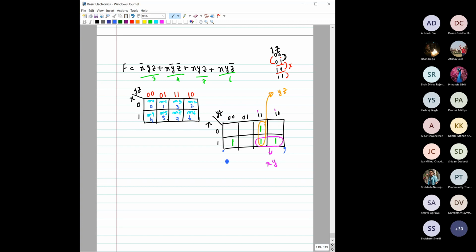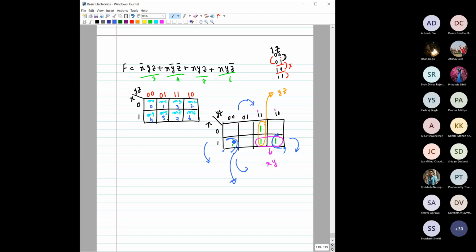So you can fold this sheet to this, and that way you can make a group of this. So the Karnaugh map is foldable, meaning you can fold it in this fashion, or if required, in some cases you can fold it in this way also. Okay, so that we can make a grouping of this as well.